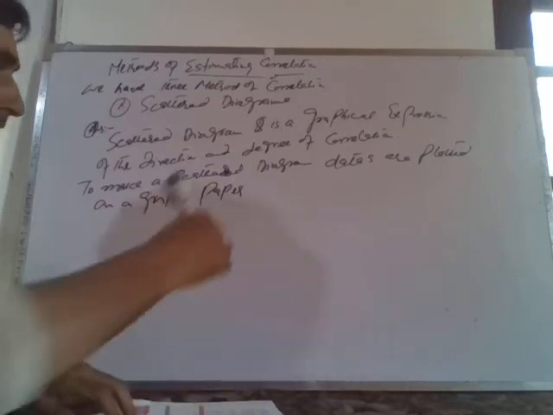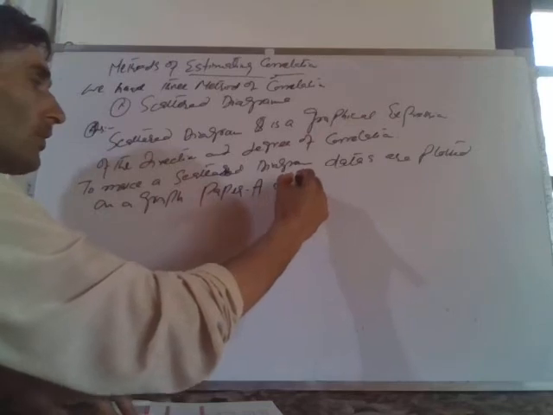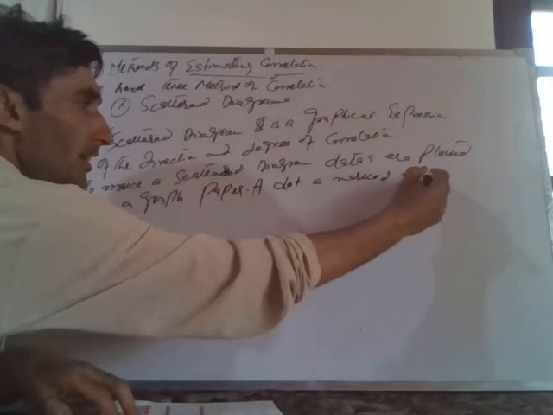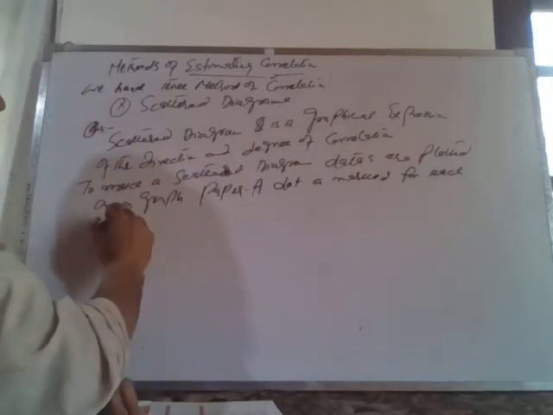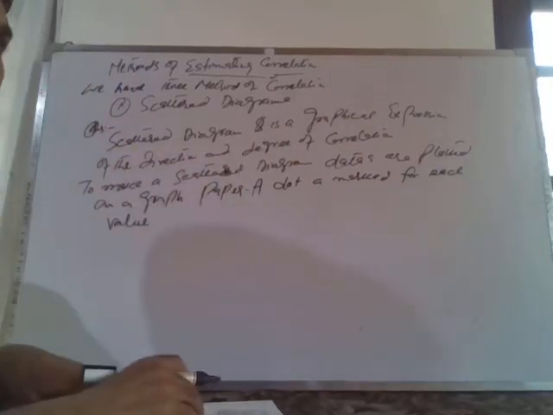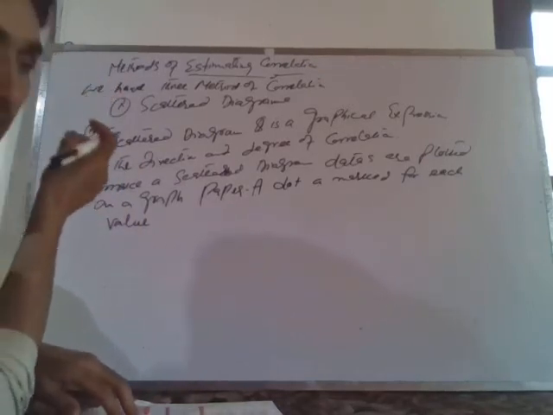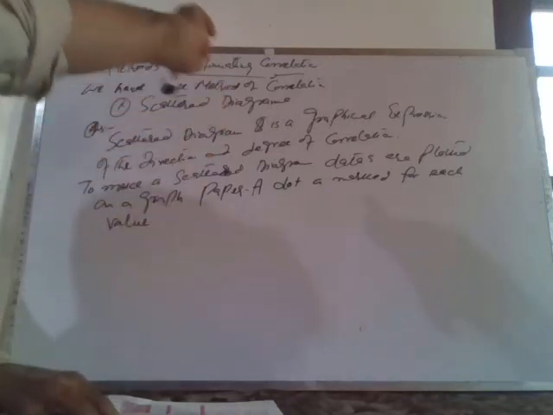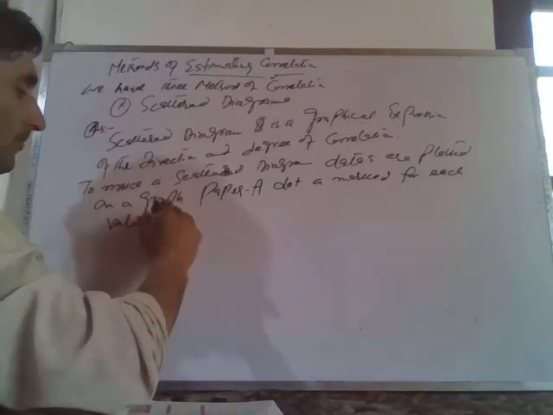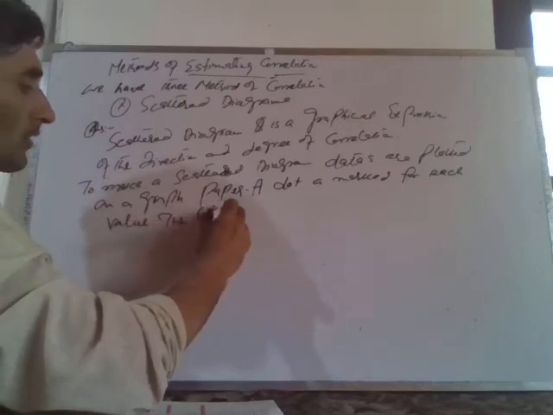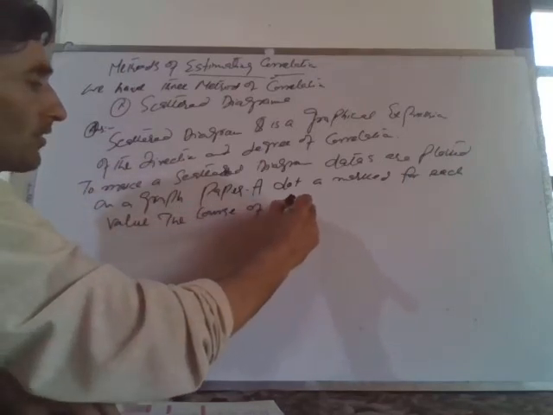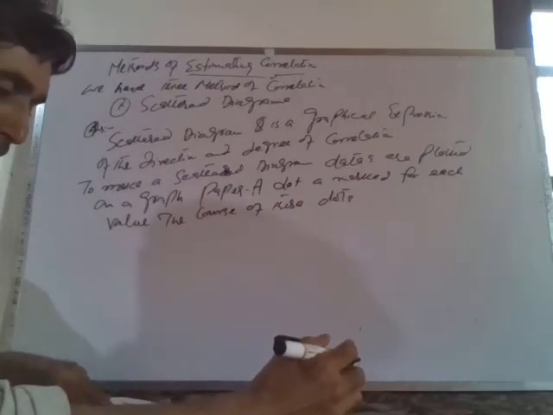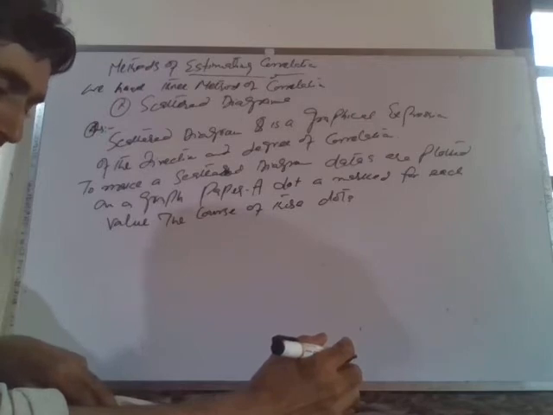A dot is marked for each value. That is, one dot represents the value of x and the value of y. The course of these dots, that is the way of these dots, shows some possible directions.